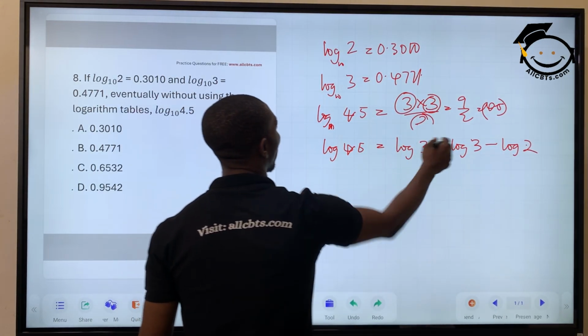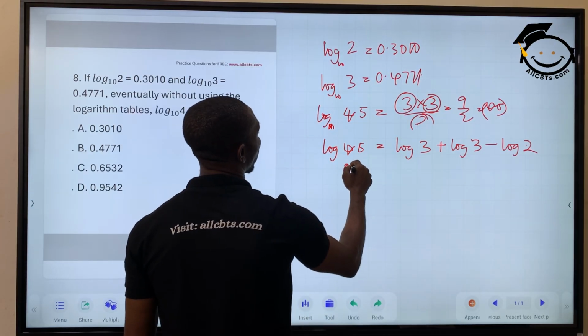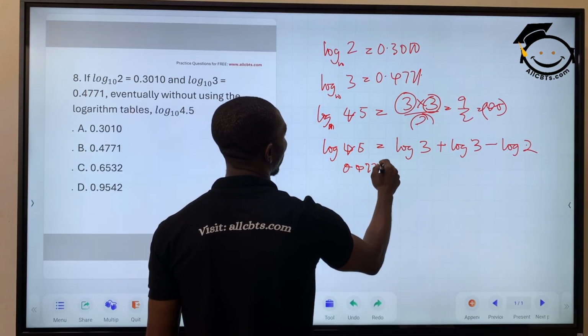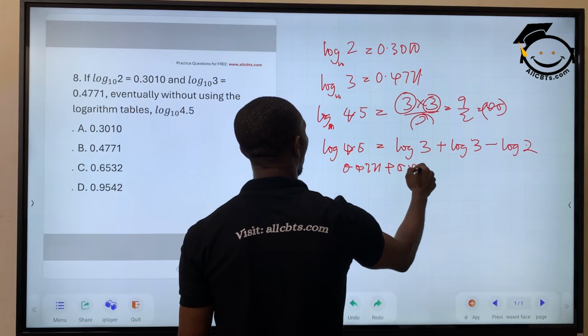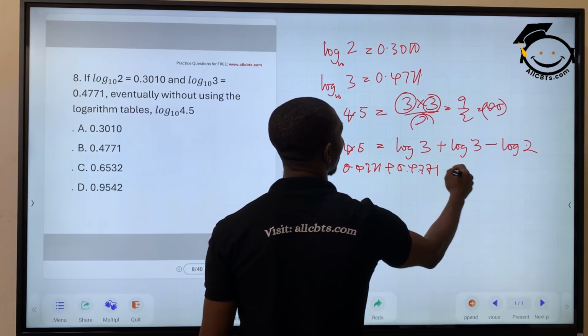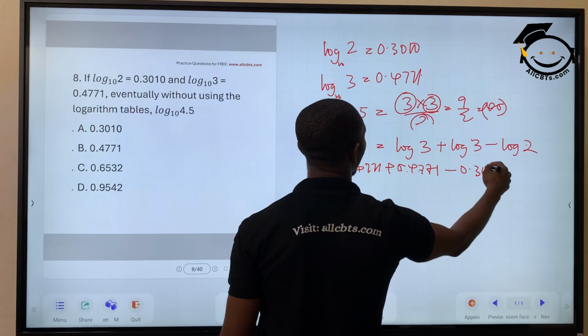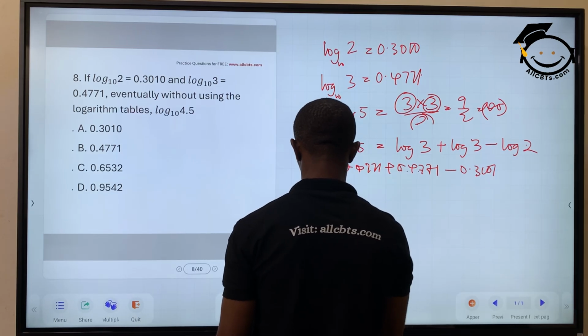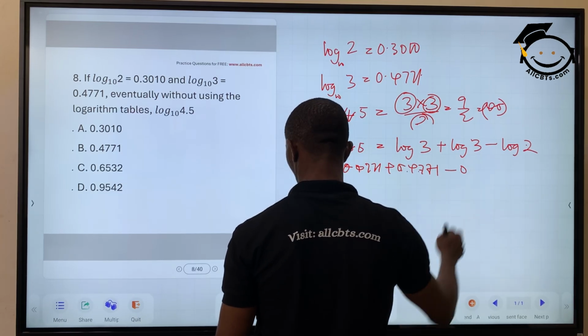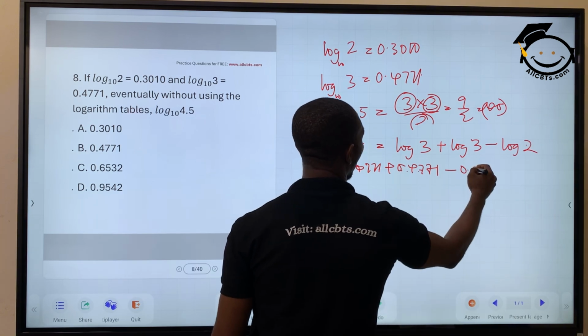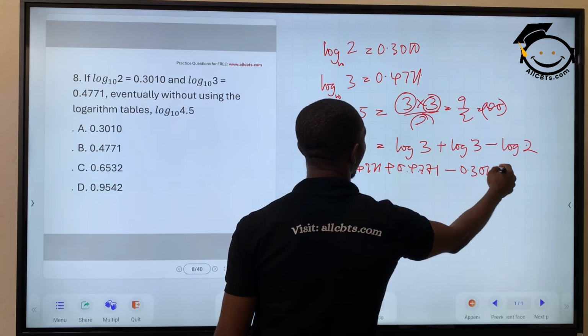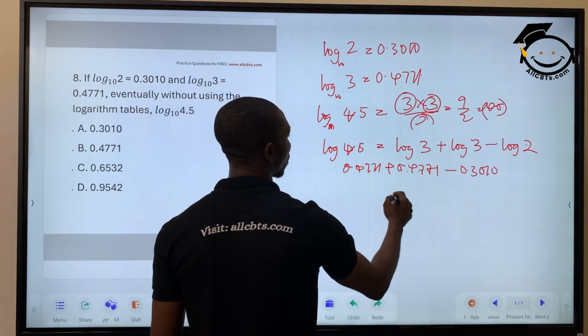All right, now having this, we have it as 0.4771 plus 0.4771 minus 0.3010.